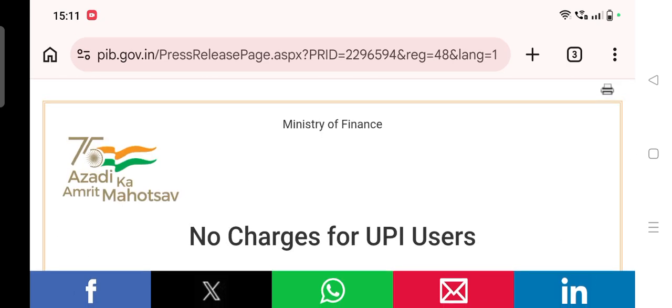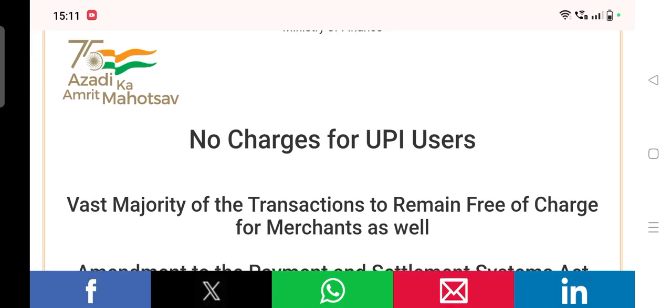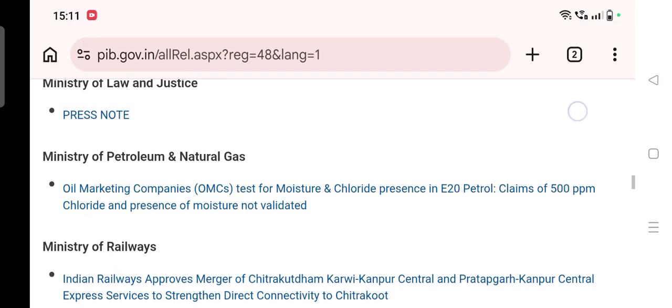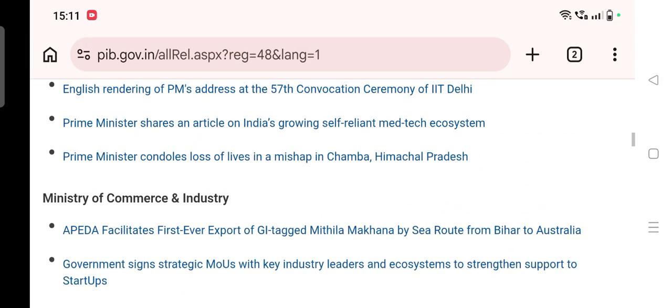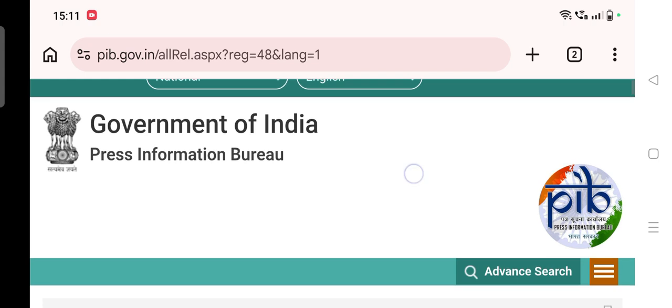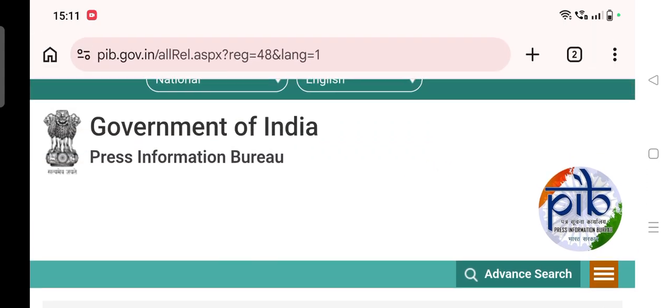And on some days, especially when a parliamentary session is going on, a lot of PIB releases can be there. That doesn't mean that you should go through everything. And most of the time, some releases are repeated in nature, so you can easily skip that. So this is how you have to go through PIB news, not only for law entrance but for any other examination.